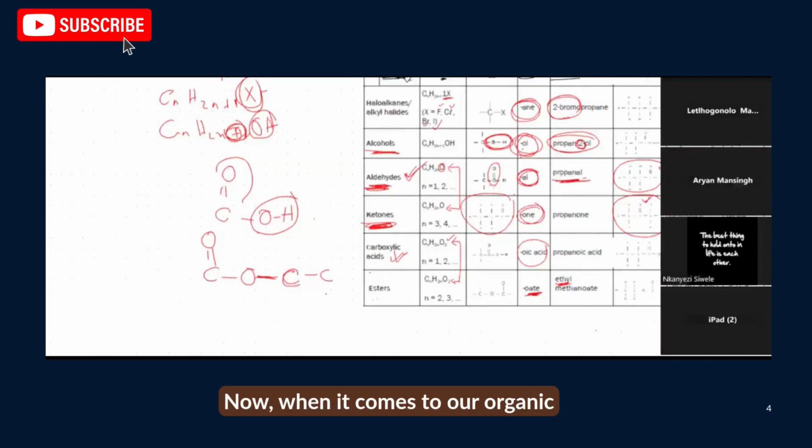Now, when it comes to our organic molecules, they can exist in what we call isomers. Isomers are said to be compounds that have the same general formula or the same formula, but they will then have different structural formulas, and they will also have different names.